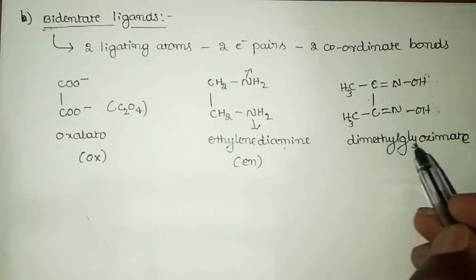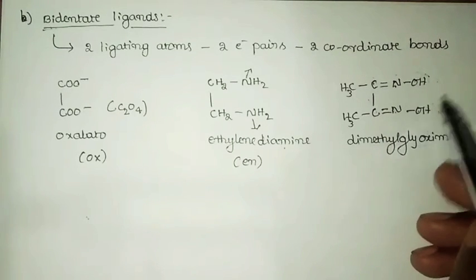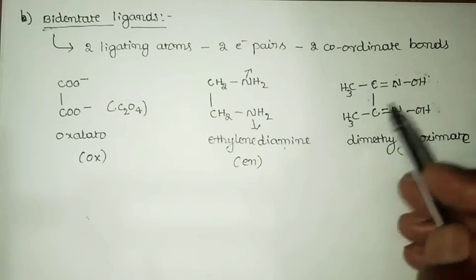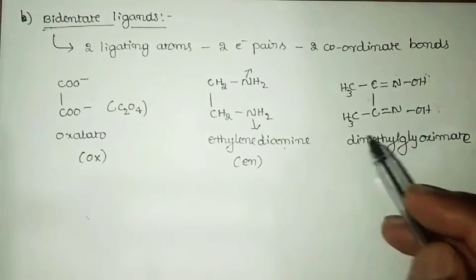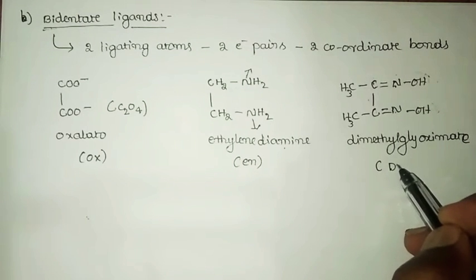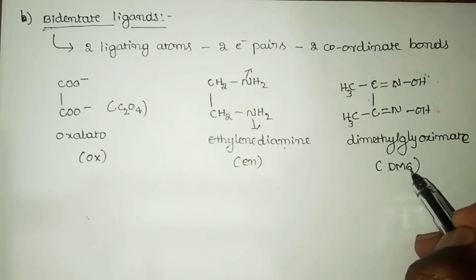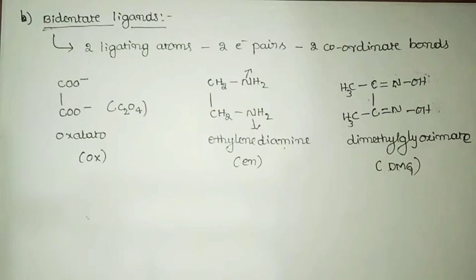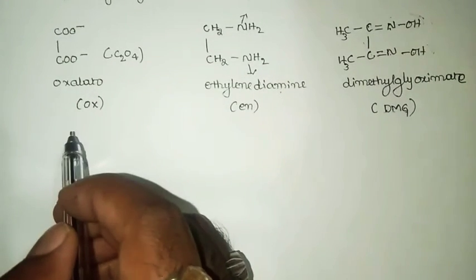So dimethyl glyoximate is once again a bidentate, strictly speaking a neutral bidentate ligand, and like the remaining two, this also can be expressed in a simple abbreviated form as DMG, dimethyl glyoximate. So we can give a few more examples for bidentate ligands.